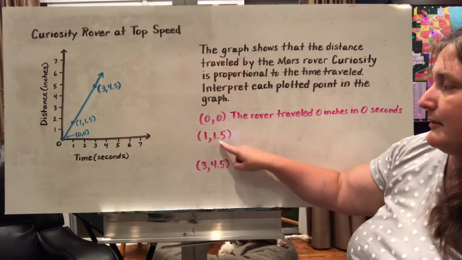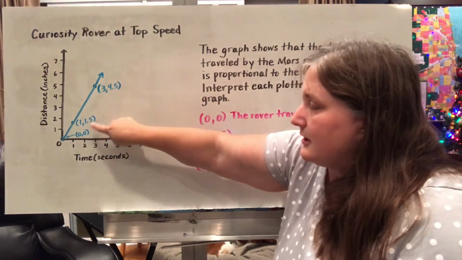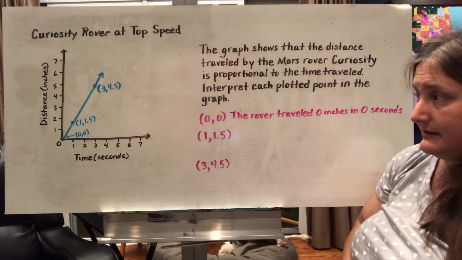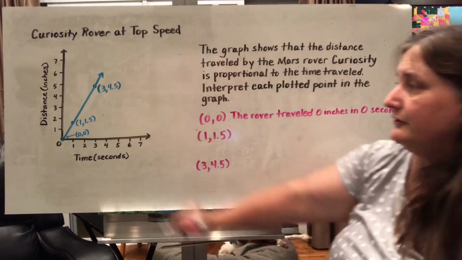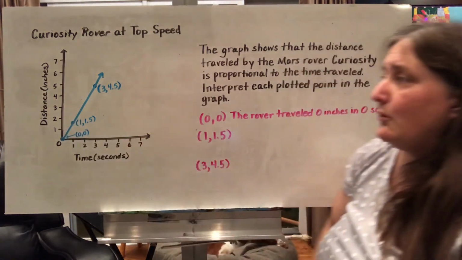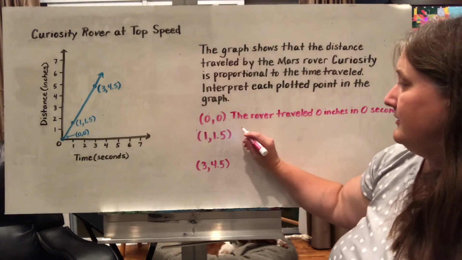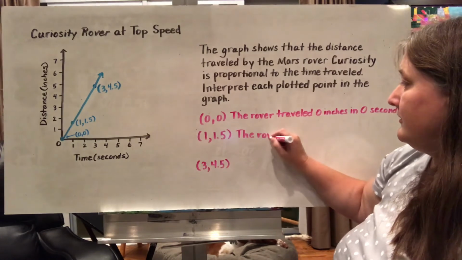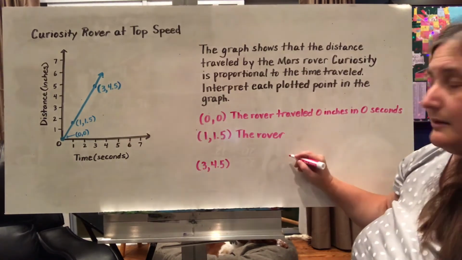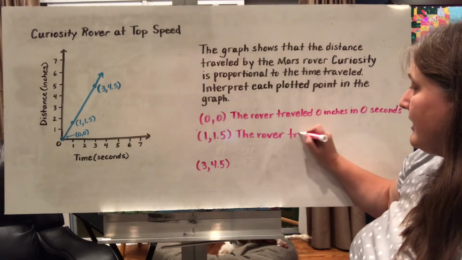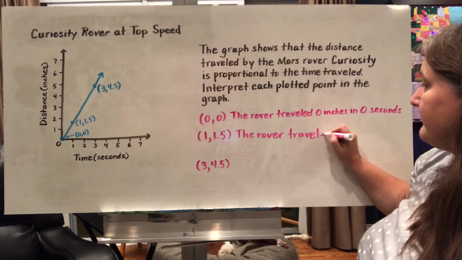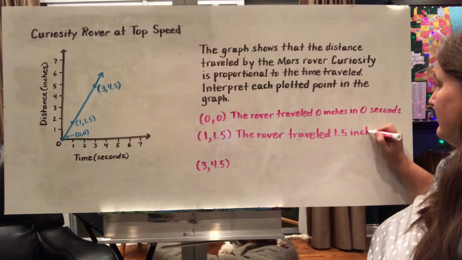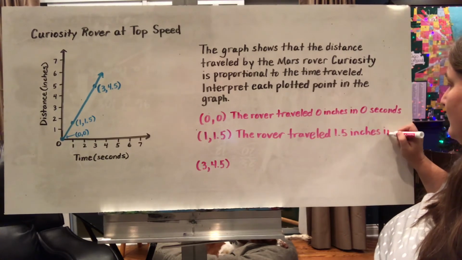Here we have 1, 1.5, which is our point right here. So over 1, so that's after 1 second, and the rover has traveled in distance 1.5 inches. So when I'm interpreting here, I would say that the rover has traveled 1.5 inches in 1 second.